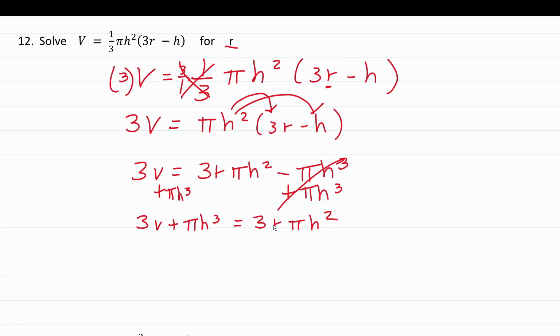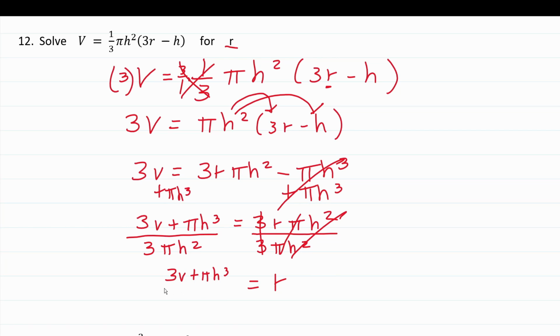All right, so I'm solving for r now, which means I want to move all this other junk over here. And so I'm going to divide this side by everything except r, notably 3 pi h squared. Again, this will cross out the 3 here, the pi here, and the h squared here. And again, we're going to be doing that to both sides. So this is going to be divided by 3 pi h squared. All right, and now we're just left with r equals 3v plus pi h cubed over 3 pi h squared.